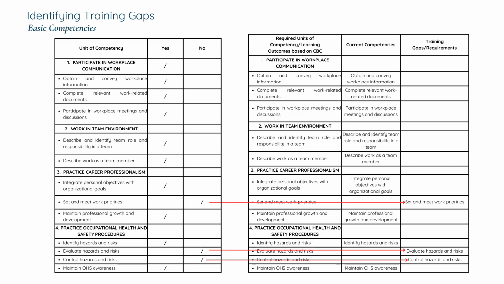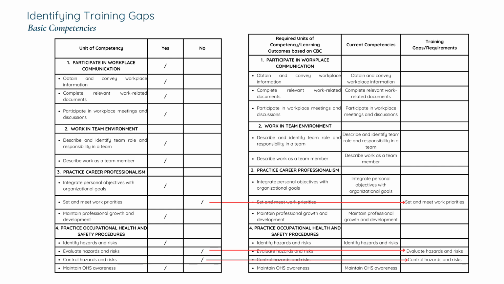For example, under basic competencies such as workplace communication, teamwork, career professionalism, and occupational health and safety, some students showed strengths in areas like conveying information and participating in workplace meetings.